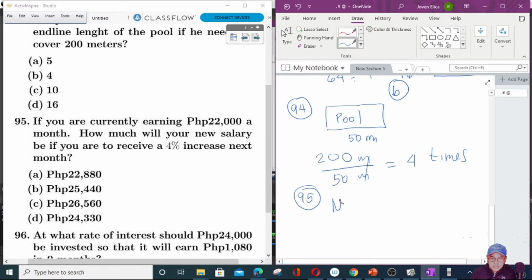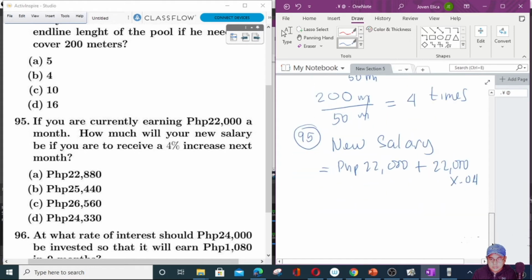The new salary will be equal to 22,000 plus 22,000 multiplied by the increase 0.04, 4%, which is equal to 22,000 plus 22,000 times 0.04.